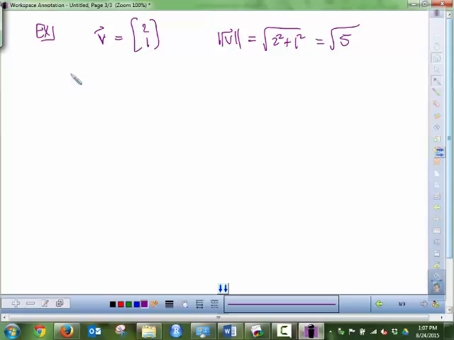Now, what if I want a vector going in the same direction as this, but I want this vector to have length 10?